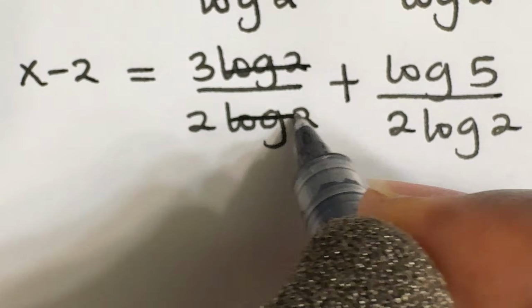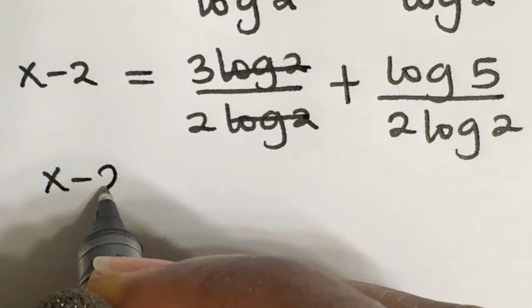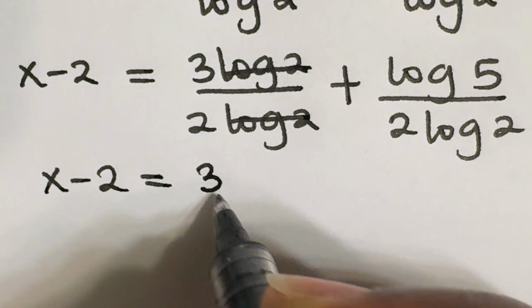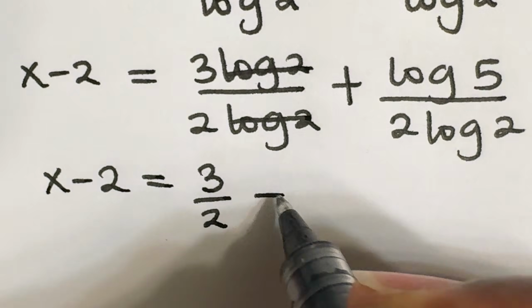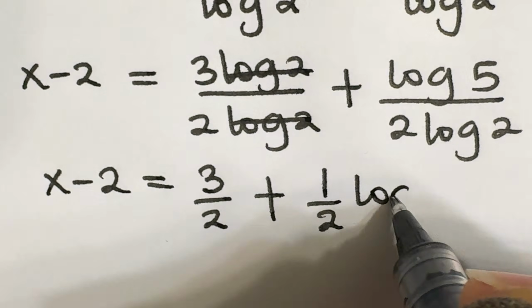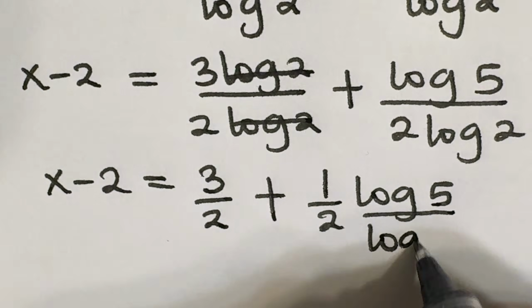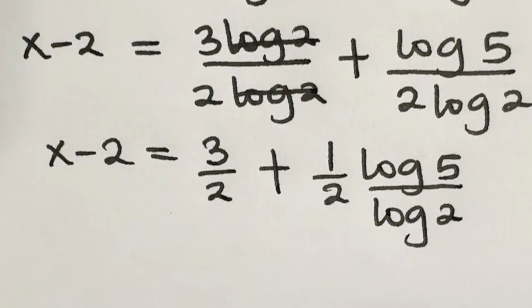Log 2 divides by log 2 here to give us 1. So we have x minus 2 is equal to 3 over 2 plus, I'm going to write this as 1 over 2 times log 5 divided by log 2.